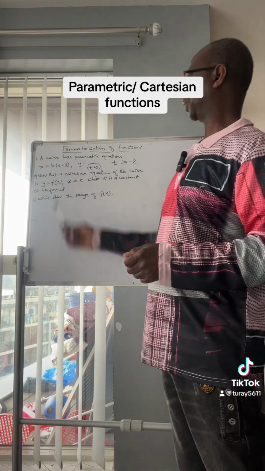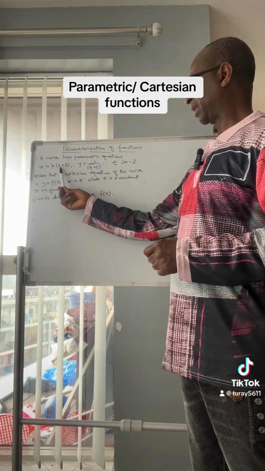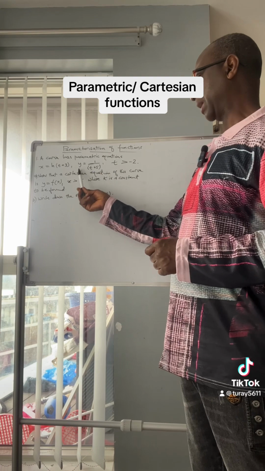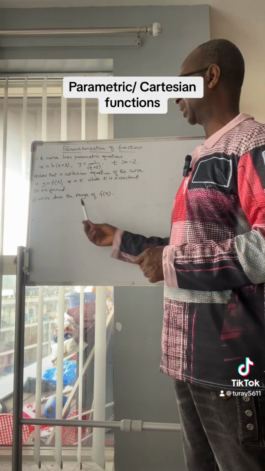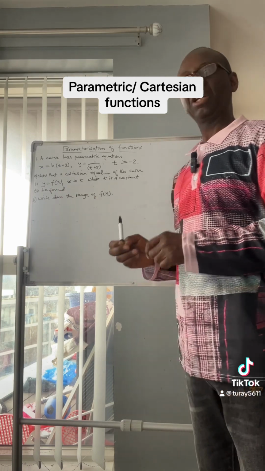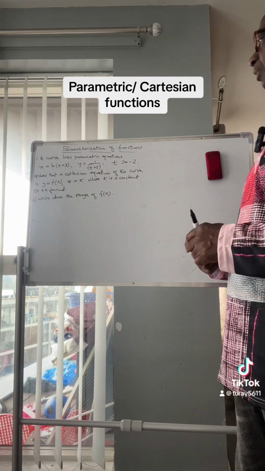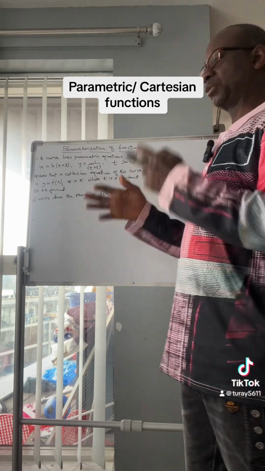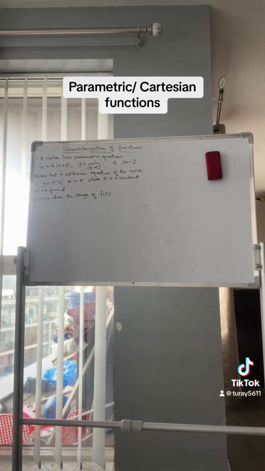In x equals, there is a t inside, and in y, there is a t down here. So how many variables do you have in total? You have x, t and y, which is 3. In Cartesian coordinates, you need 2. So we need to get rid of one to transform the equation from parametric form to Cartesian form.